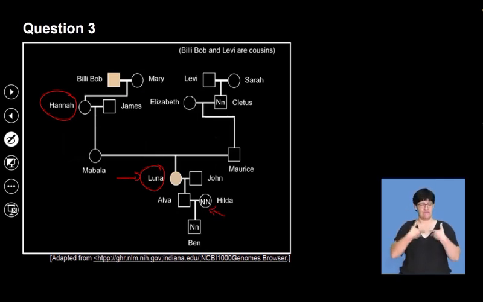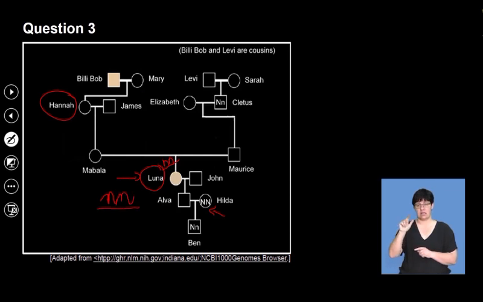In this case, Hilda has a homozygous dominant allele combination, and Ben has a heterozygous allele combination. Knowing that the individuals that are affected will be shaded, we can come to the conclusion that Luna's genotype would be a homozygous recessive combination.